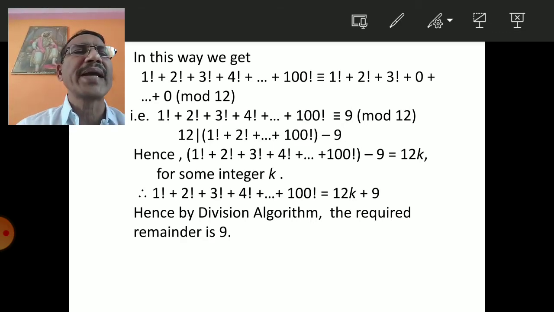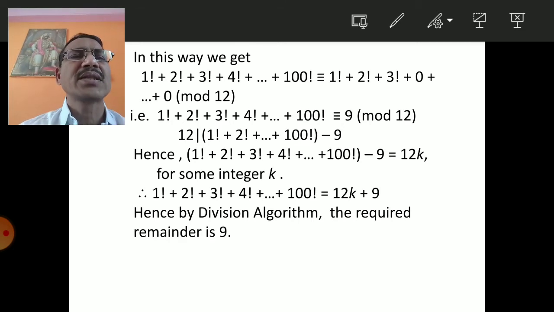Then transfer this minus 9 to the right side. It will become 1 factorial plus 2 factorial plus 3 factorial plus 4 factorial plus so on up to 100 factorial is equal to 12k plus 9.